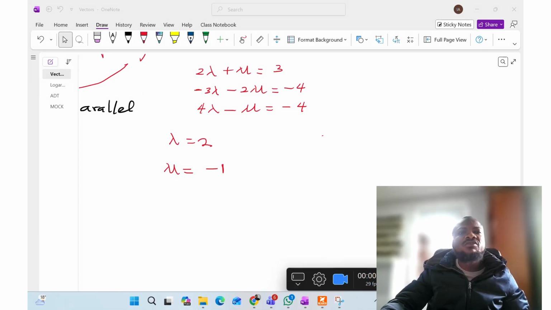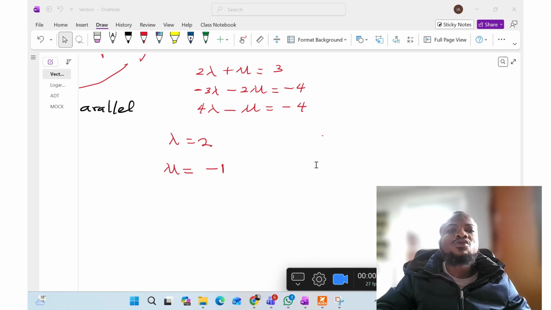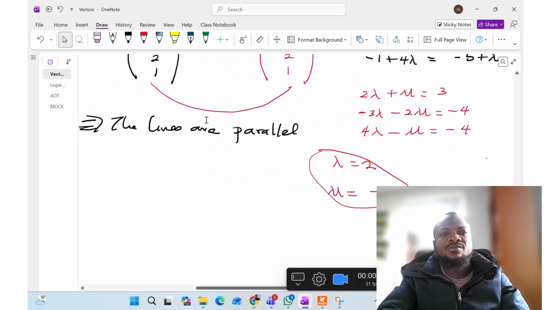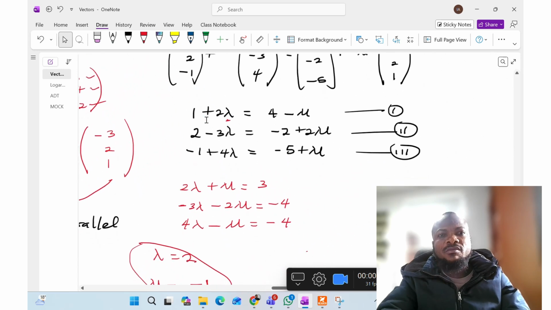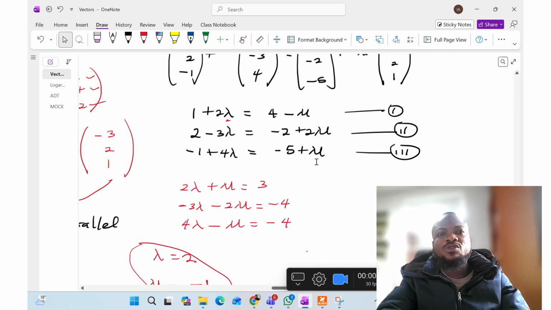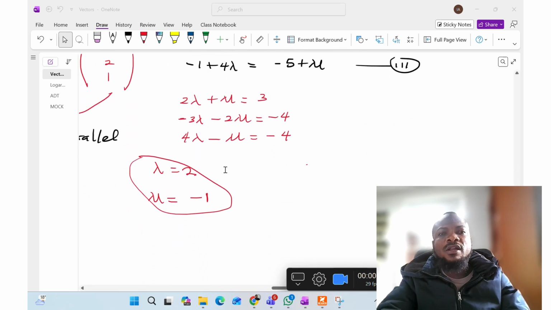So after getting the values of lambda and mu, what you do is you now substitute these into the third equation, into equation 3, okay? Remember that the third equation is minus 1 plus 4 lambda equals minus 5 plus mu, which is also 4 lambda minus mu equals minus 4.